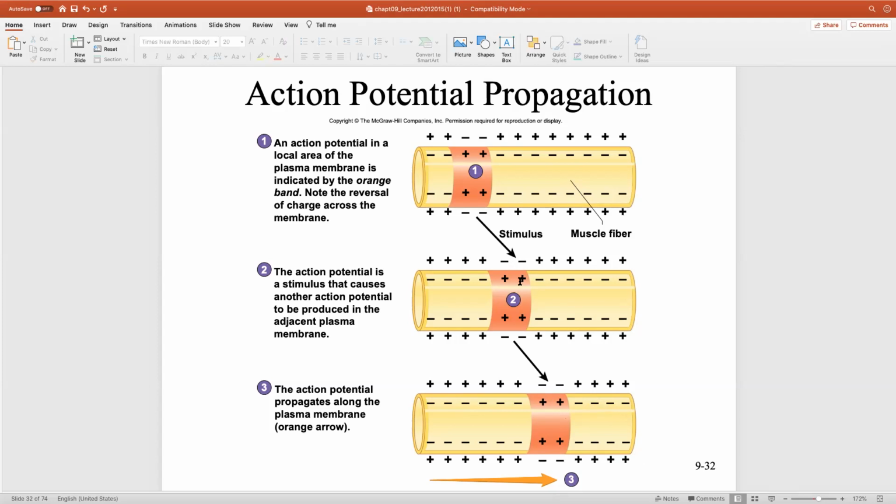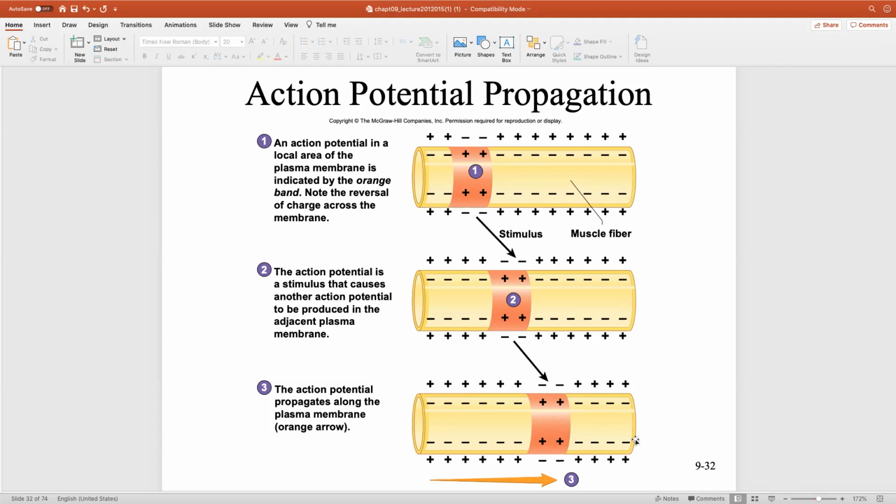This area gets stimulated, sodium rushes into the next region, and there's a little delay until the next region stimulates, and then a little delay until the next region stimulates. Eventually, though, when we look at it in its totality, we see that it does move from segment to segment to segment to segment, all the way down the length of the muscle.